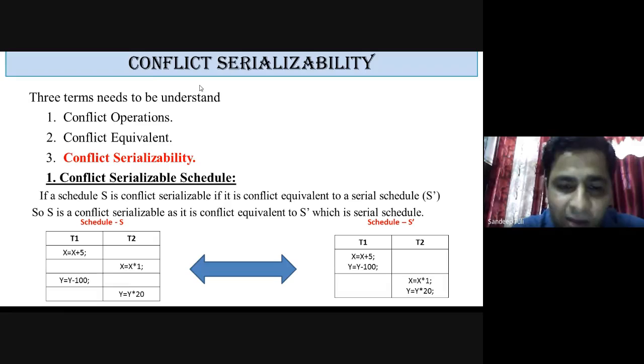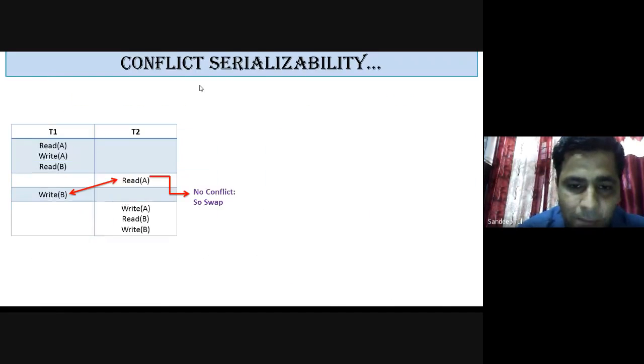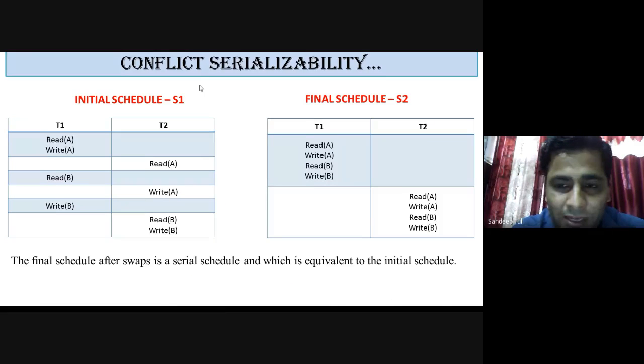I have taken another example. I am again dictating the definition: a schedule S is conflict serializable if it is conflict equivalent to a serial schedule S dash. In this slide, you are easily able to get that definition.